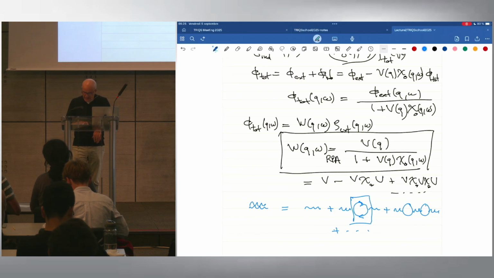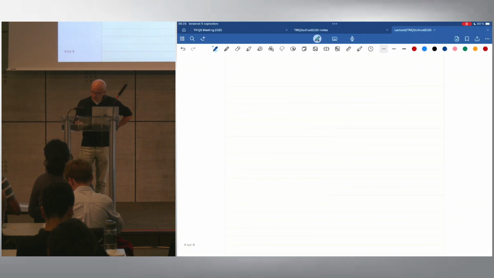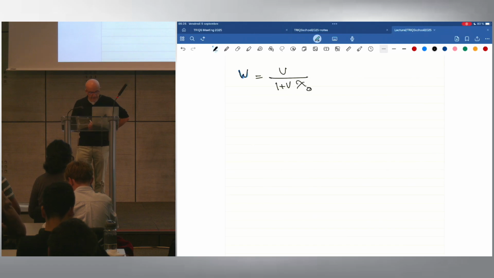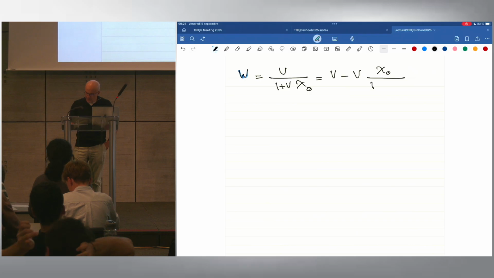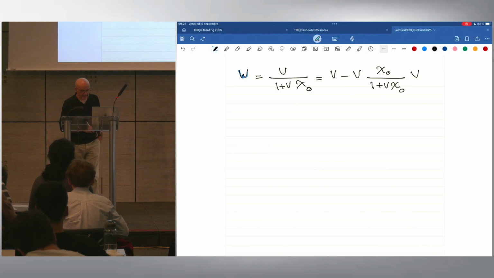Something else I want to say is that this formula, W equal V over 1 plus V chi naught, can be cleverly rewritten as V minus V chi naught over 1 plus V chi naught times V, simple algebra, right?